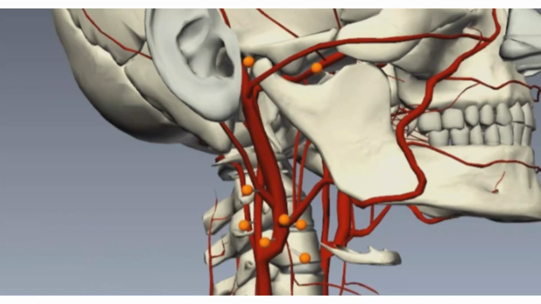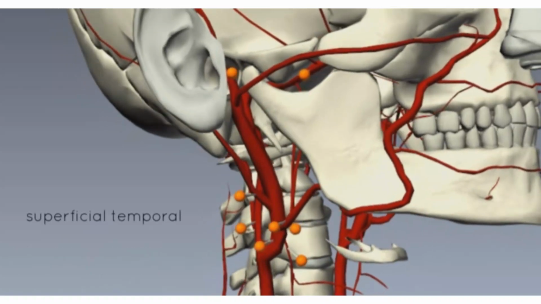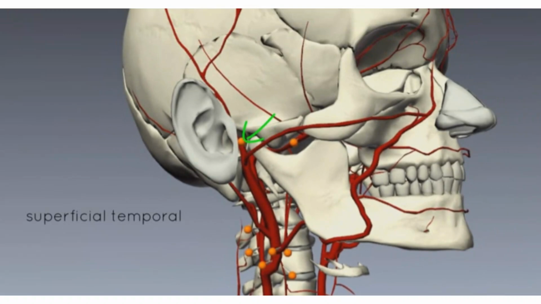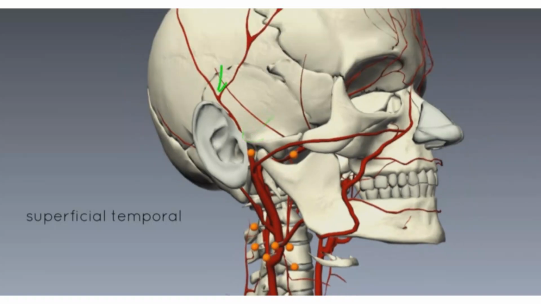The superficial temporal artery, pinned here, also runs posterior to the neck of the mandible, and then it runs anterior to the ear, and up onto the scalp, where it separates into its posterior and anterior divisions.